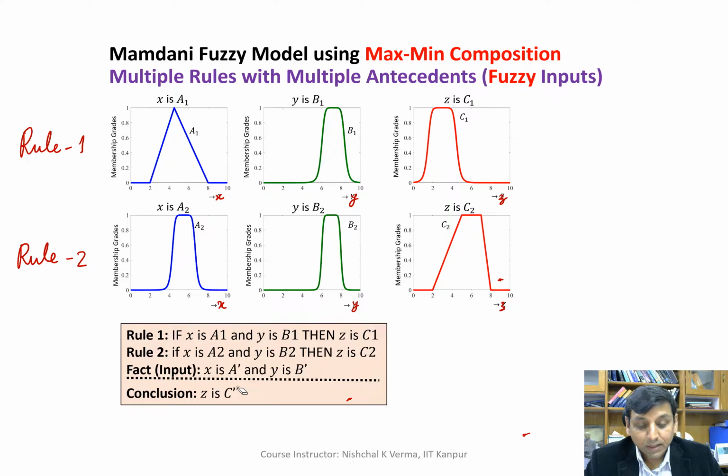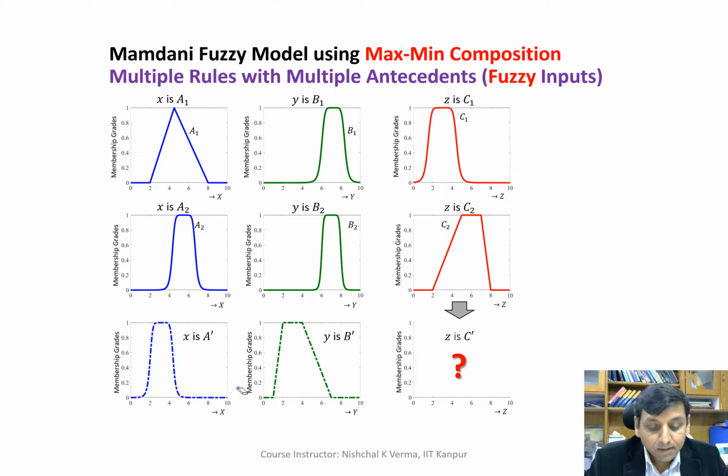Now, these two rules are given in the Mamdani fuzzy model, or in other words, we can say this Mamdani fuzzy model is characterized by the two fuzzy rules. And these fuzzy rules have two antecedents, which is a clear case of multiple rules with multiple antecedents.